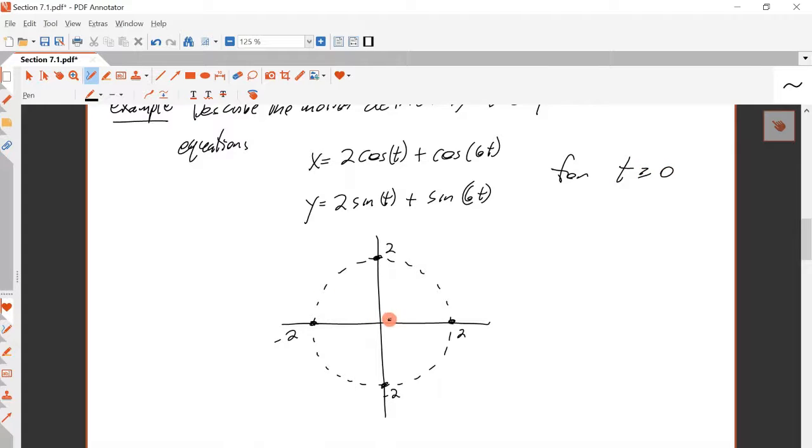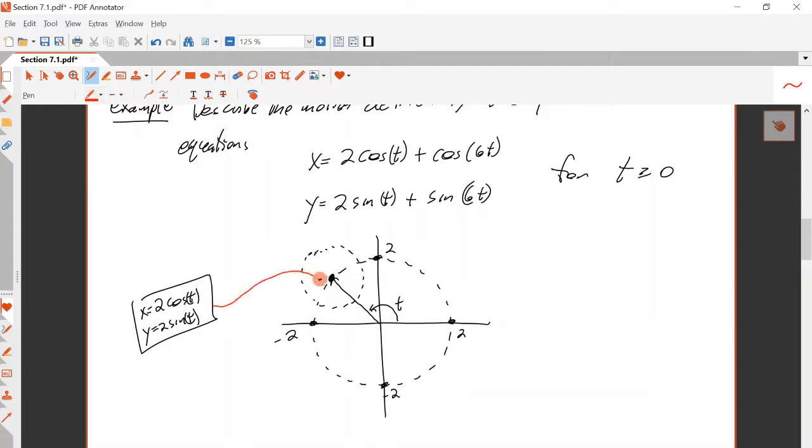So at t, at an angle of t, we have this point here. And then if you take the circle of radius 1 around that, this point in the middle here, 2 cosine t, 2 sine t, is right here in the center of that.